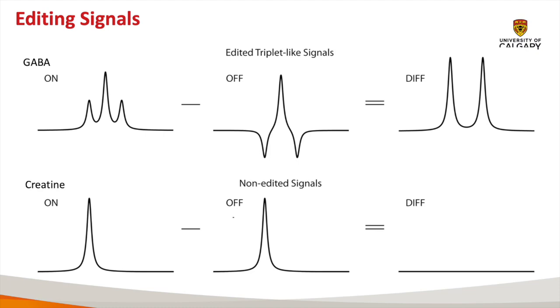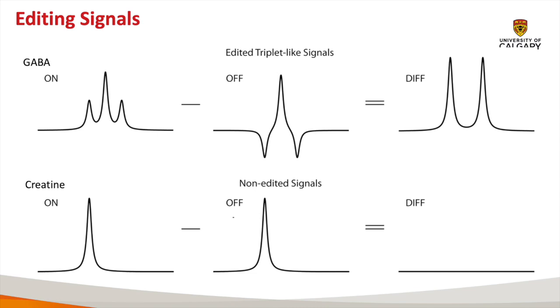So just to look at those two signals, this frequency-selective editing pulse will manipulate the coupled signals. For half of the acquisitions, or half of the averages in our acquisition, we apply the editing pulse, which is known as the on subspectrum. And so for our GABA at 3 ppm, the coupling refocuses and the GABA peak looks like this.